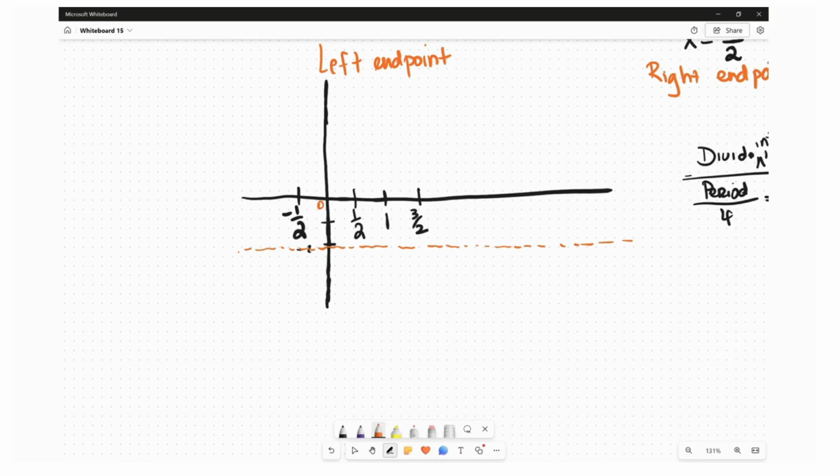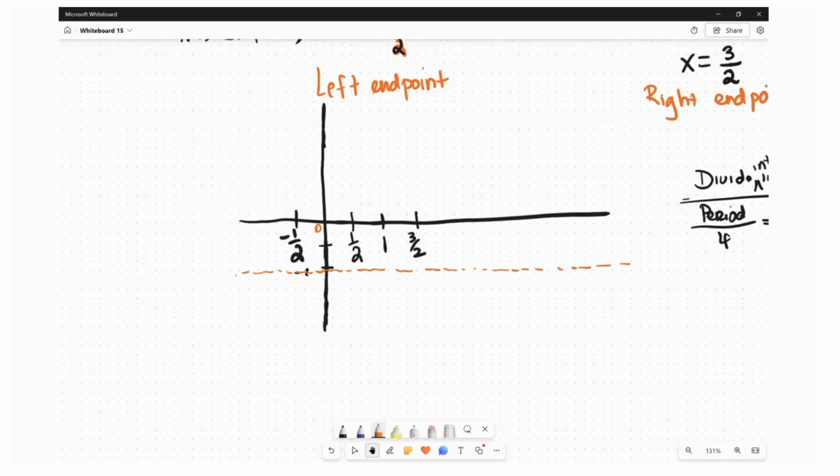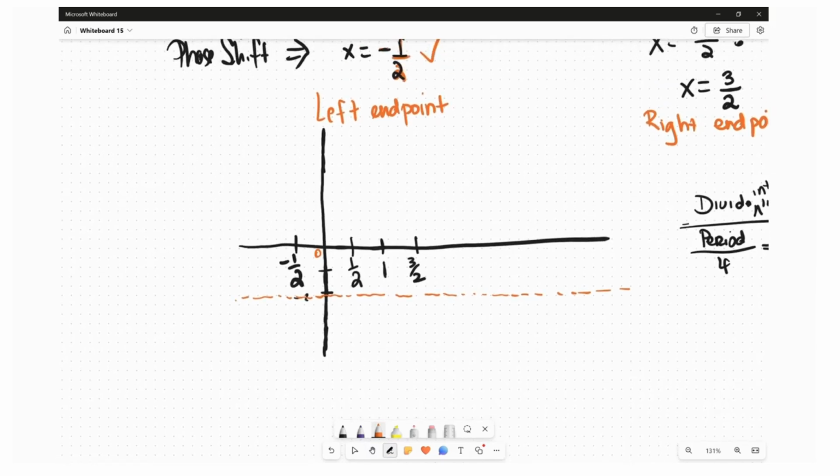What would you consider to be the quarters here? Negative 1 over 2, 0, and 1. I know I didn't put that 0. I tried to put a little orange one there so you can see. So really it would be at 0. These are the quarters right here.